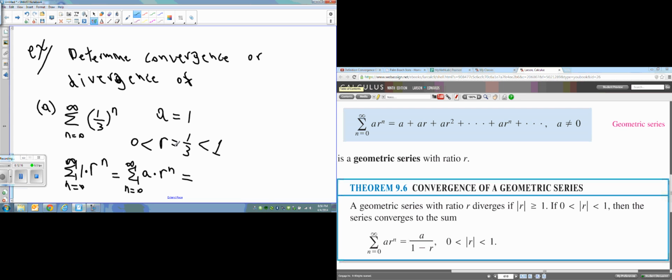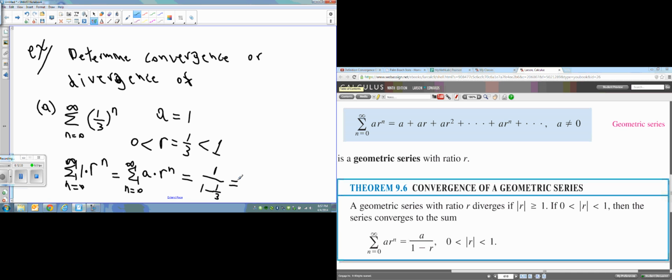So because the absolute value of r is between 0 and 1, this series converges, and it actually converges to a, which is 1, over 1 minus r, which is 1 minus 1/3.